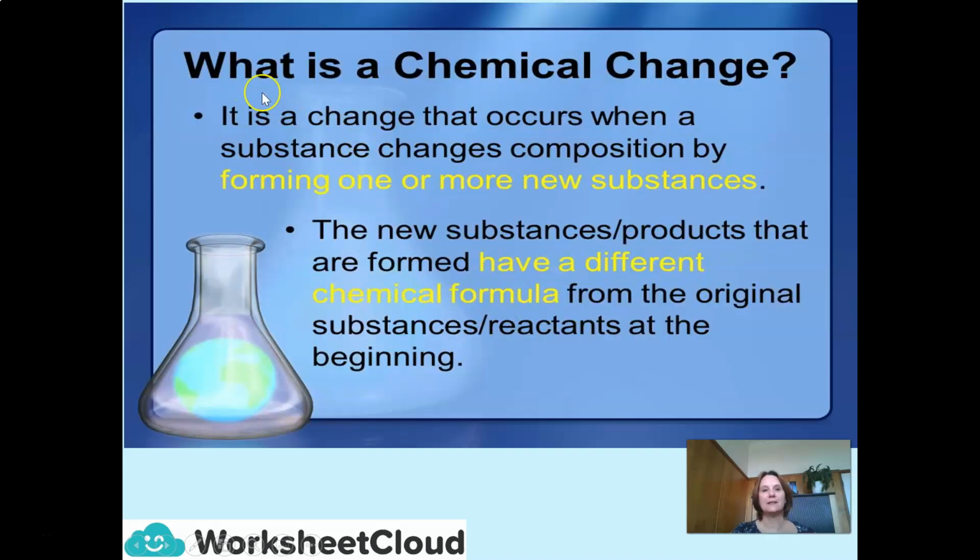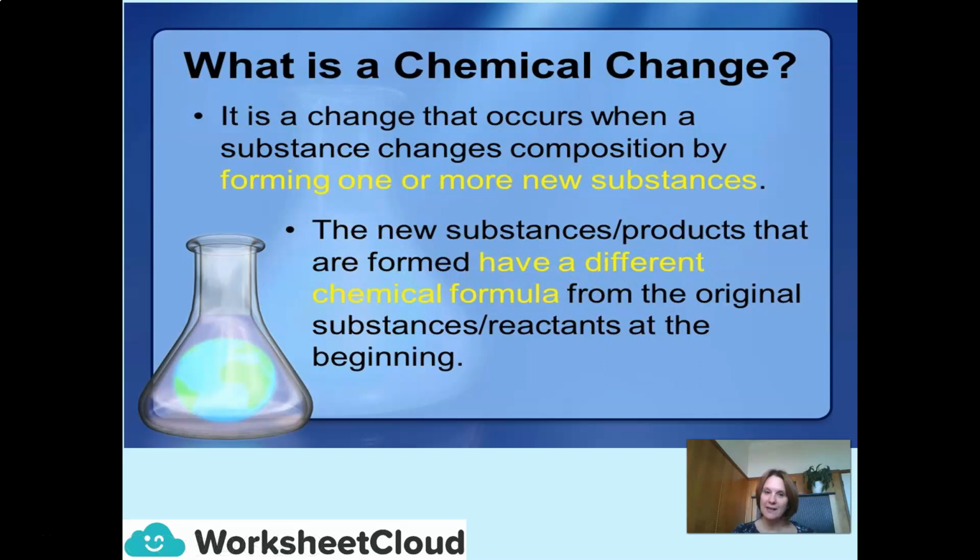The difference is a chemical change is a change that occurs when a substance changes composition by forming one or more new substances. So the substance changes. The new substance or product that is formed has a different chemical formula, so it won't stay the same.